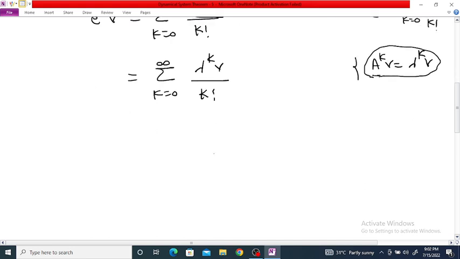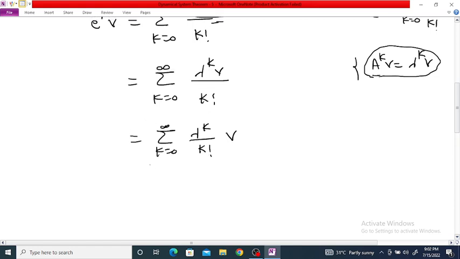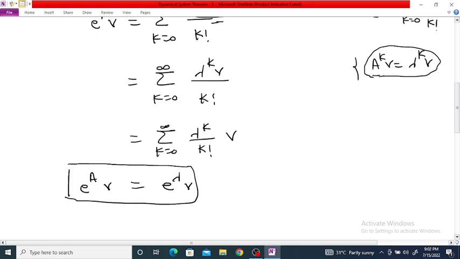Since this summation depends only on k, this is equal to summation of lambda raised to k divided by k factorial into v, and the value of this term is e raised to lambda into v. So e raised to A v is equal to e raised to lambda into v.